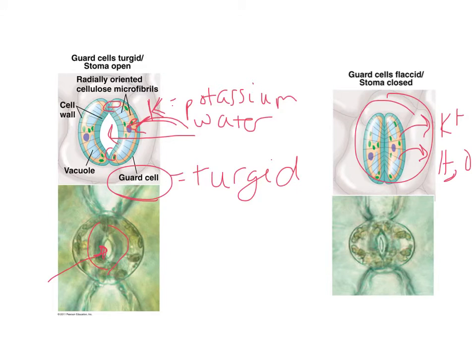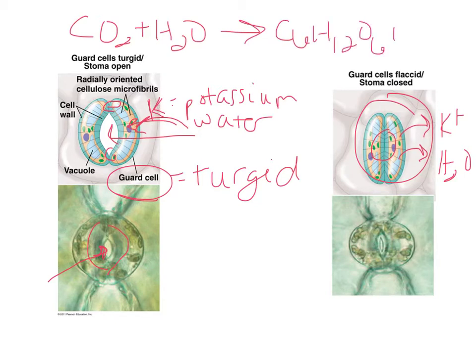Now the cell becomes flaccid, and they collapse down, closing the stomata, and there is no opening there. Okay, so then again, you wouldn't be able to do photosynthesis as well with it closed, because you wouldn't be able to bring in the carbon dioxide that the plant needed to do photosynthesis.